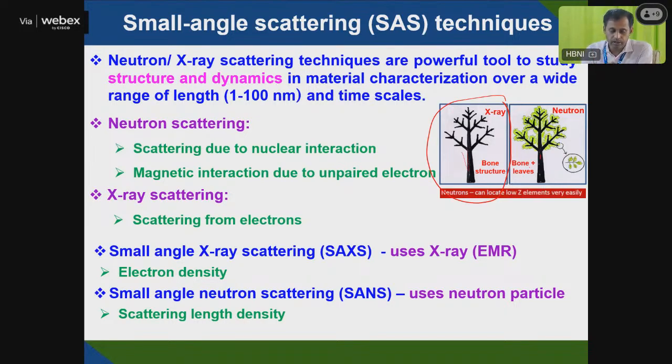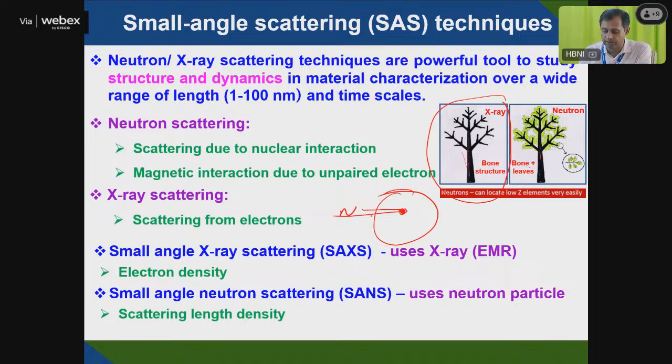If you see neutron scattering, the scattering is due to nuclear interaction. The nucleus is very small and the electron is moving around it, so it's a tiny nucleus. Whenever the neutron comes closer to the nucleus, you see the nuclear interaction.